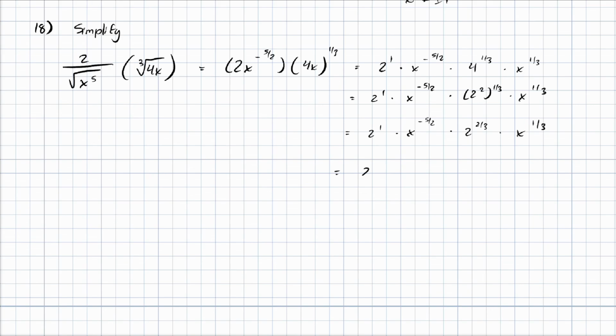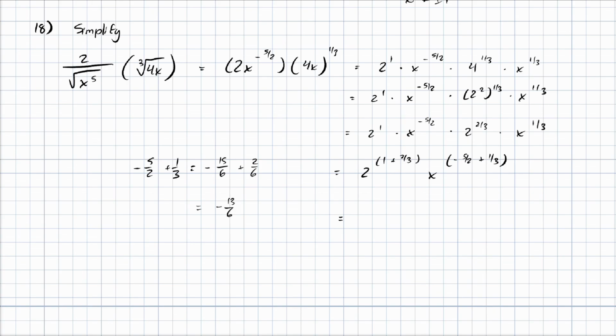Okay, so I have 2 to the 1 plus 2/3 times x to the negative 5/2 plus 1/3, and I write on the side negative 5/2 plus 1/3 equals negative 15 over 6 plus 2 over 6. This is negative 13 over 6.